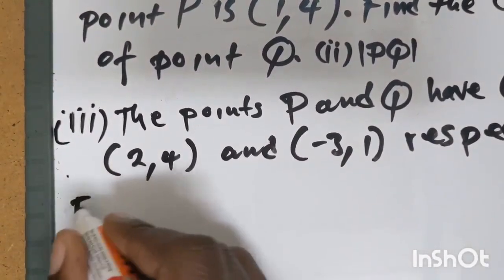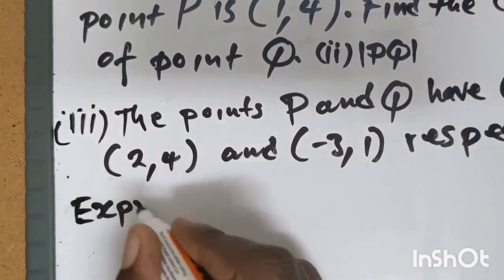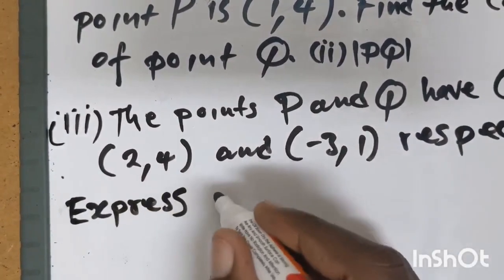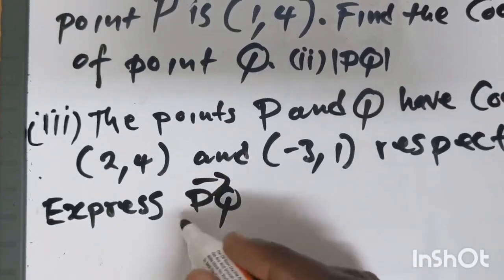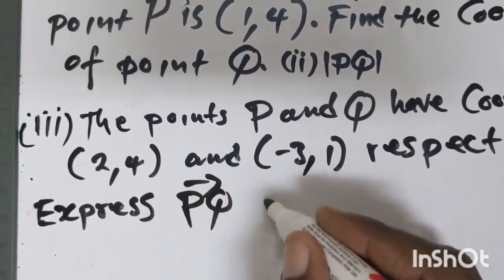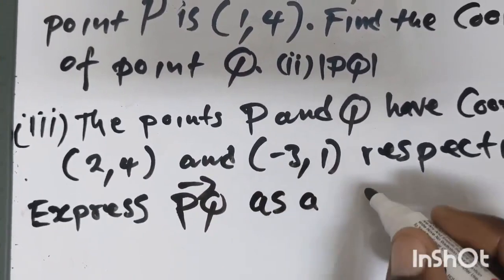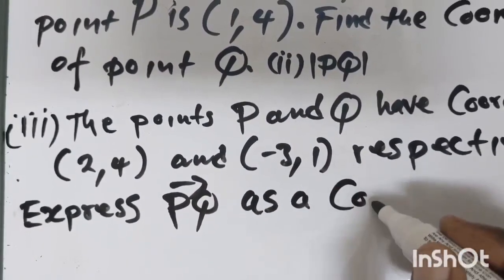Then the question is saying, express PQ as a column vector.